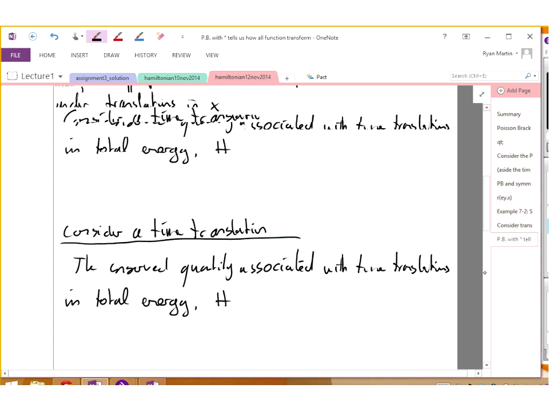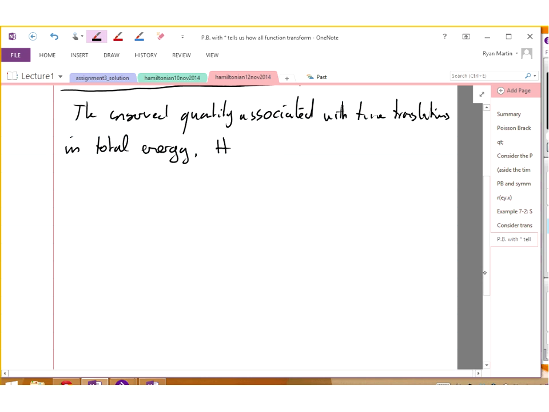And it's also equal to the Hamiltonian, usually, in most well-behaved physics cases.